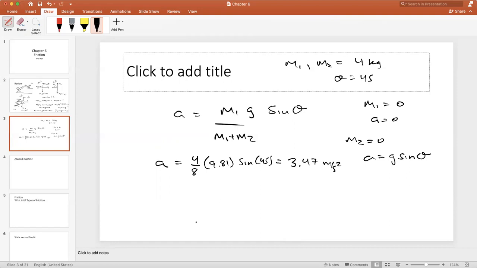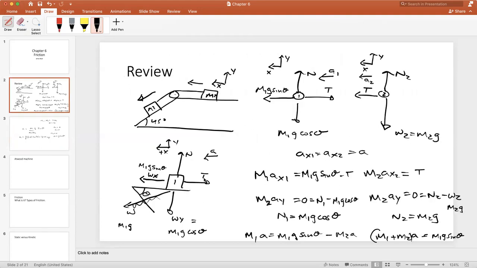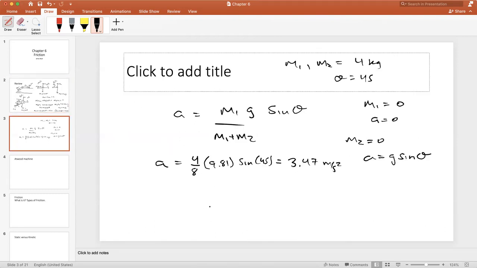Now I can ask you on an exam, okay, if this thing slides from rest 3 meters, how far does this one go? 3 meters. But what is the final velocity of both of them? The final velocity has to be the same because they're attached by stretchless, massless, frictionless ropes. It's important.